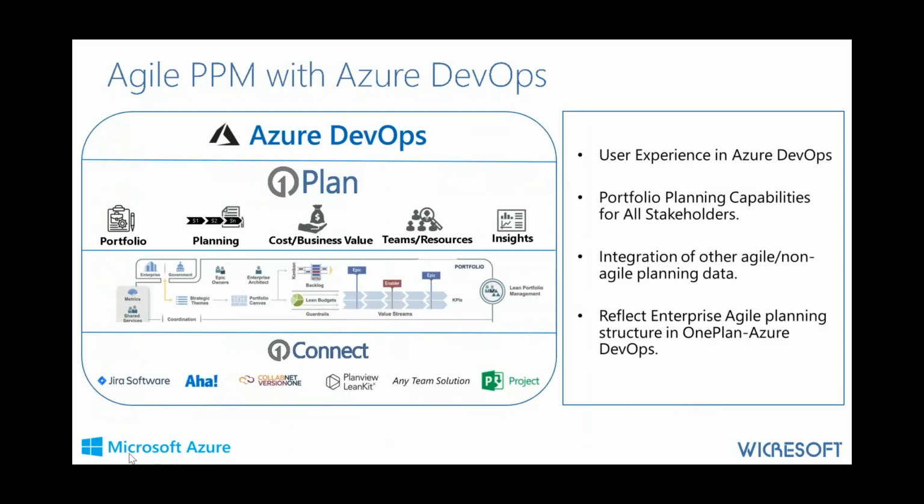So we're going to present our Azure DevOps solution with OnePlan. And as I said earlier, what we're trying to do is bring the portfolio planning, cost, business value, resource management, and insights into the solution so that you can have that lean portfolio management perspective.